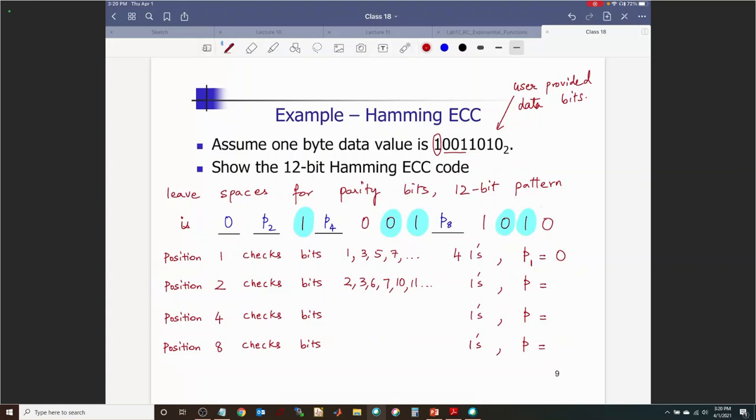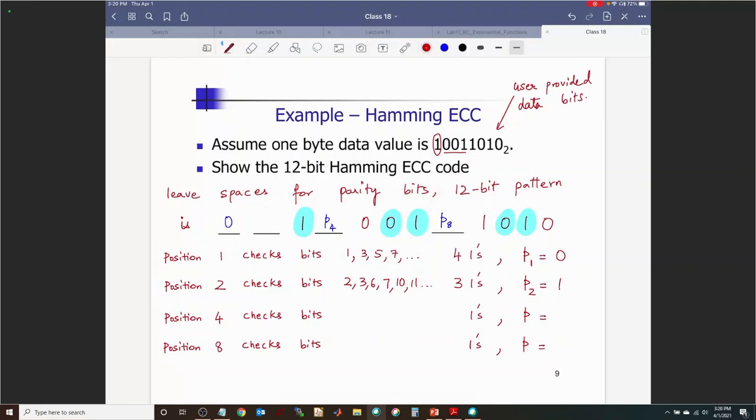So 1, 2, 3. 3 ones. So if you have 3 ones, what should be P2? P2 should be a 1 because I have to make the group even parity. I had an odd number of ones, so if I made P2 a 1, that group will become even parity. So I'm done with P2.